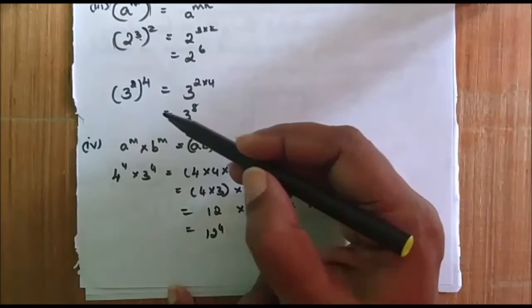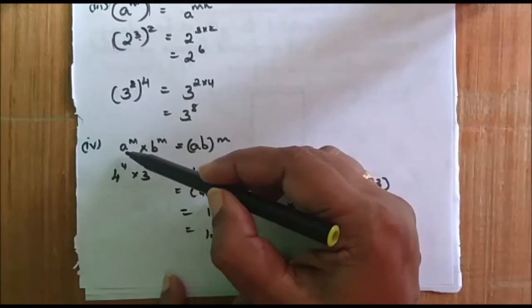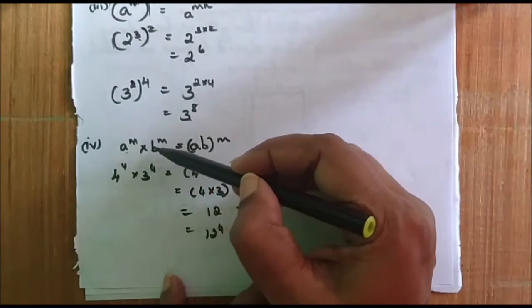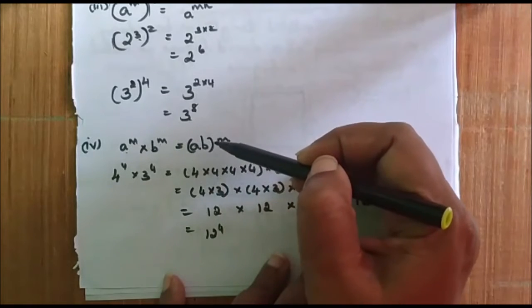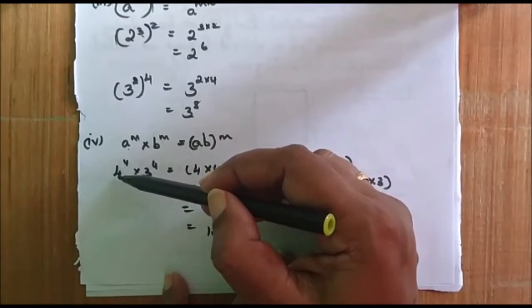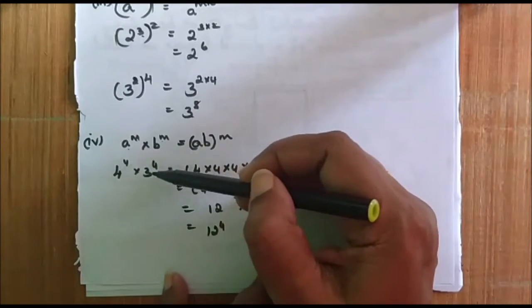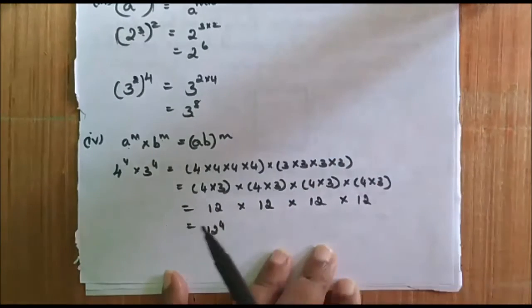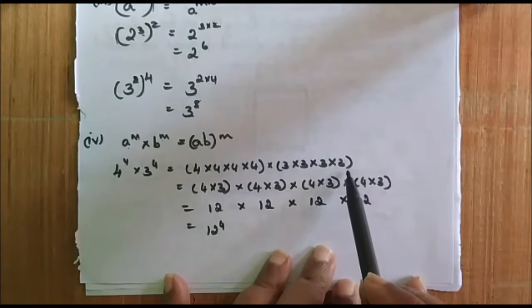Okay. So, what do we understand from this? a to the power m into b to the power m is equal to ab to the power m. Okay. So, we are given as an example 4 to the power 4 into 3 to the power 4. We can expand and write them like this.